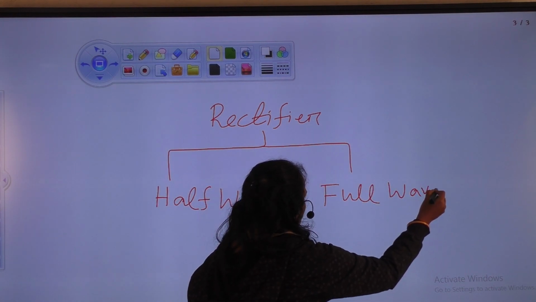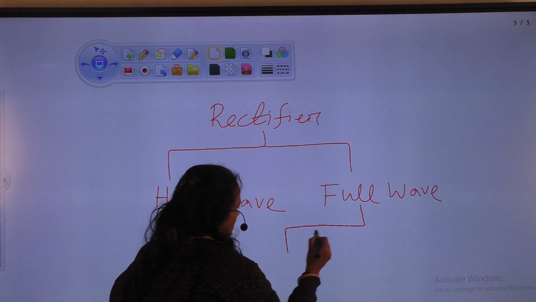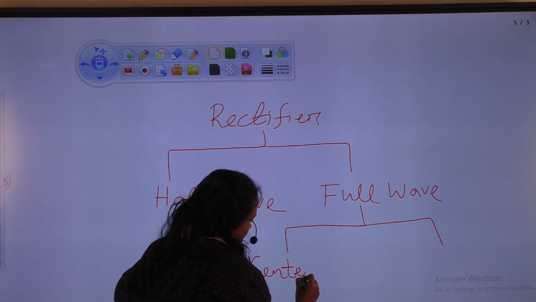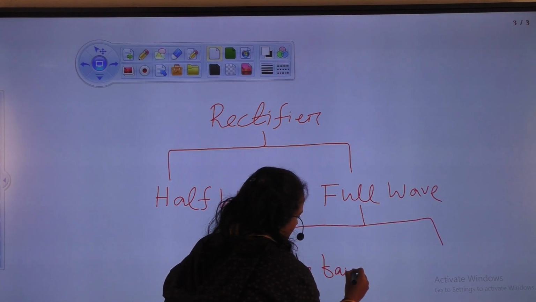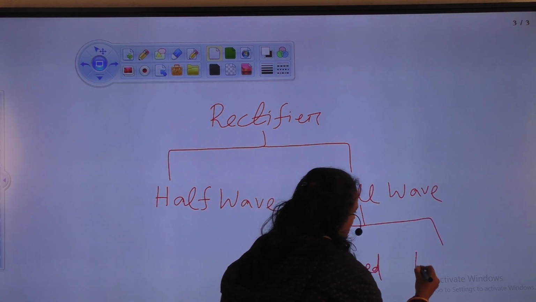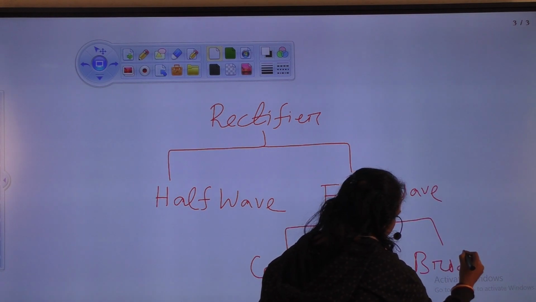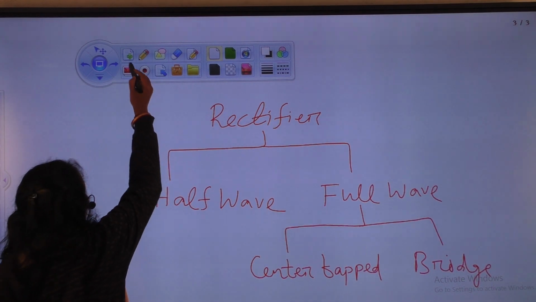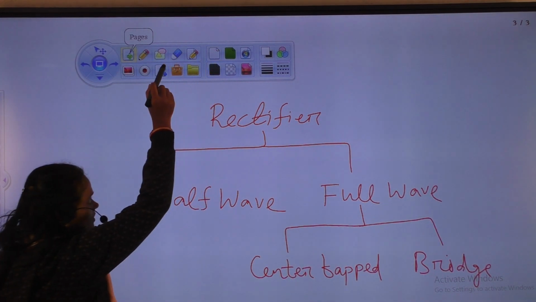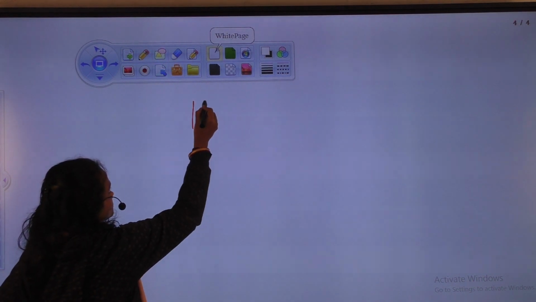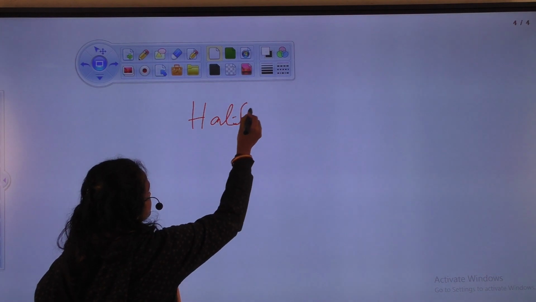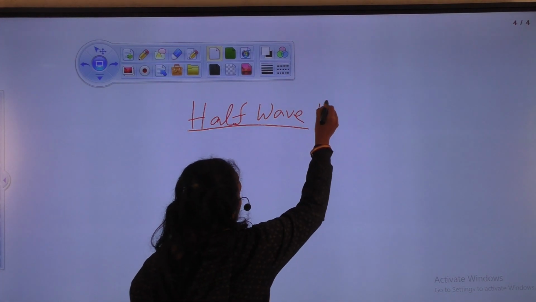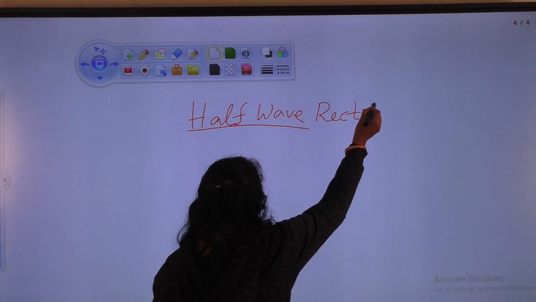The full-wave rectifier is again divided into two types, that is center tap and bridge rectifier. First we discuss the half-wave rectifier. A half-wave rectifier consists of only one diode.